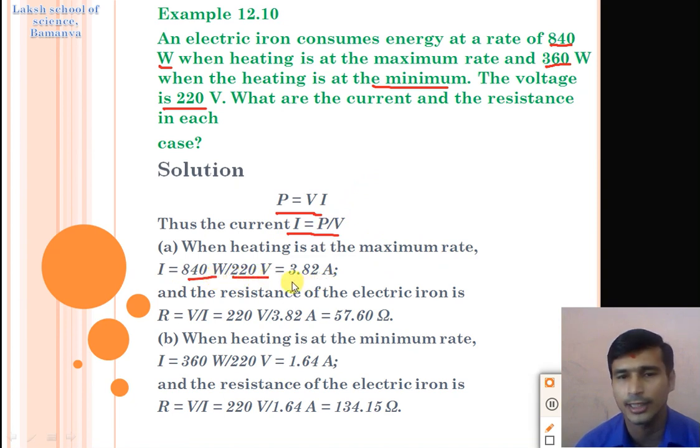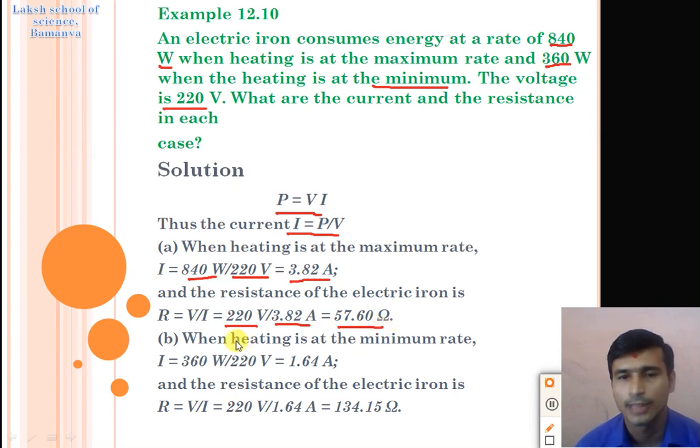We get the electric current passing through the iron as 3.82 ampere, dividing 840 by 220. Now according to Ohm's law, we also calculate the resistance of the electric iron. Resistance R is equal to V divided by I. V is 220 volt and I we calculated as 3.82 ampere. So we get the resistance of the iron as 57.60 ohm.